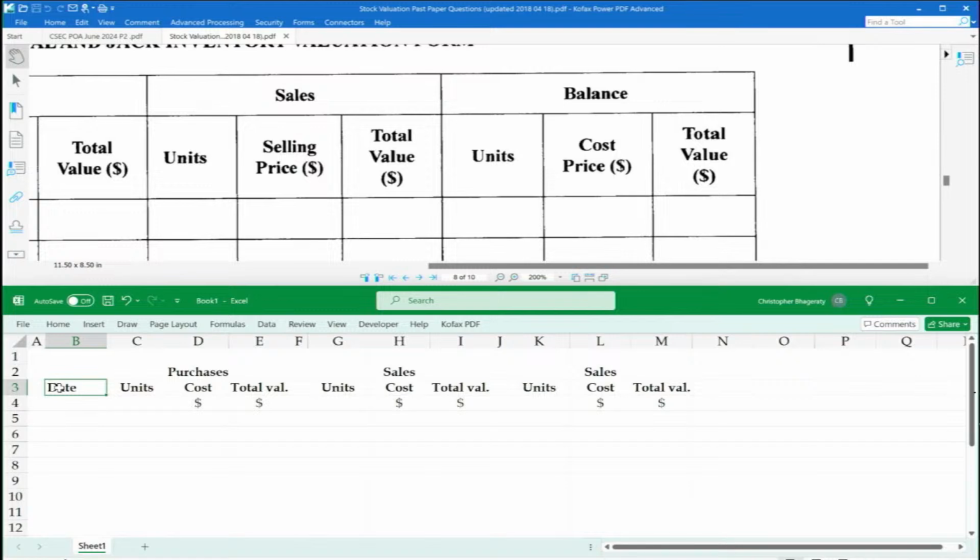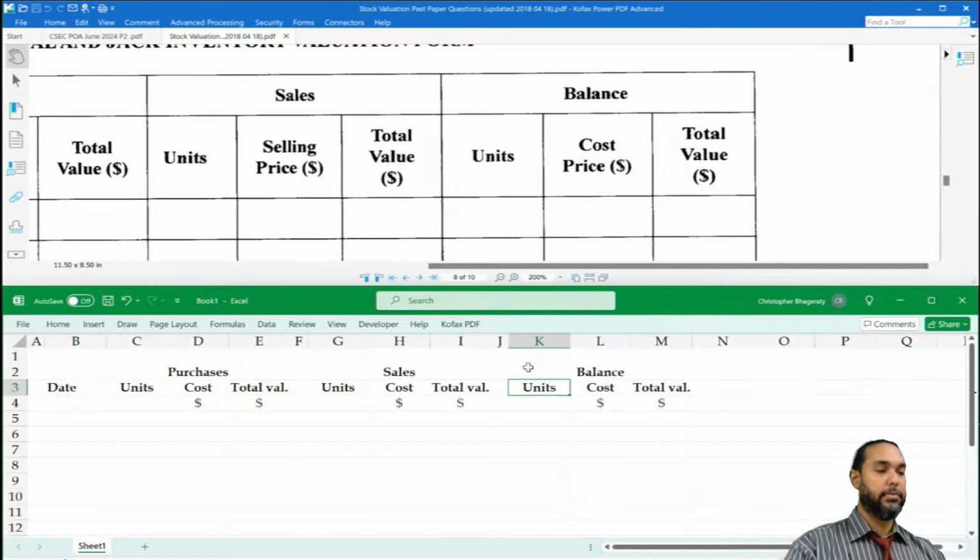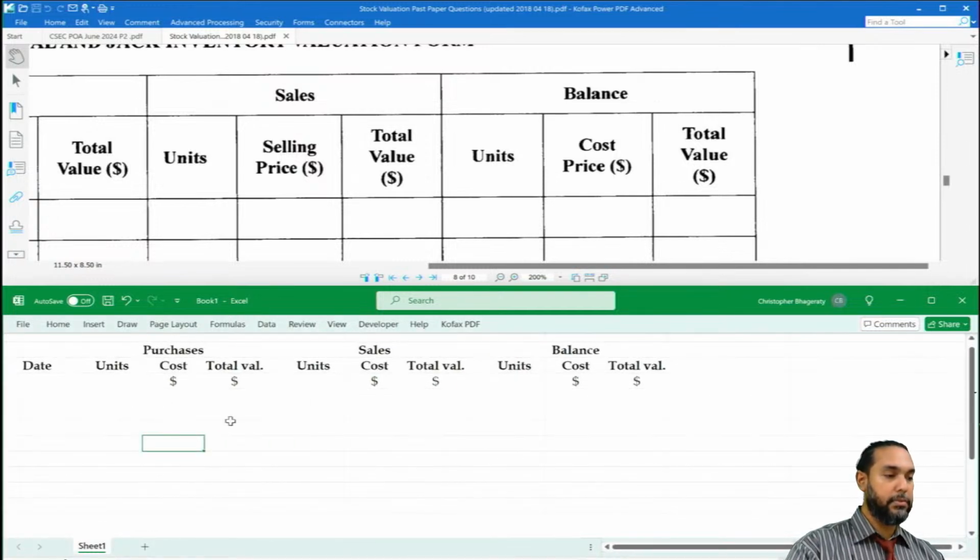If not, this should say balance. Okay, let's zoom in a little bit.